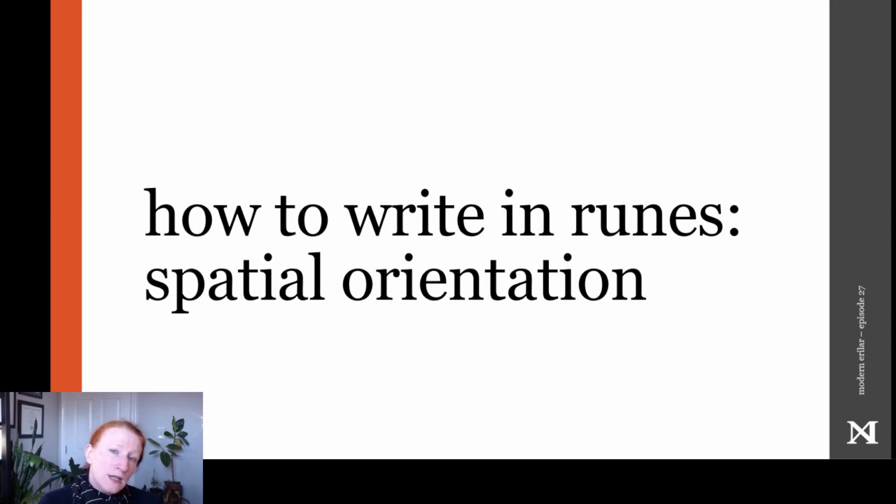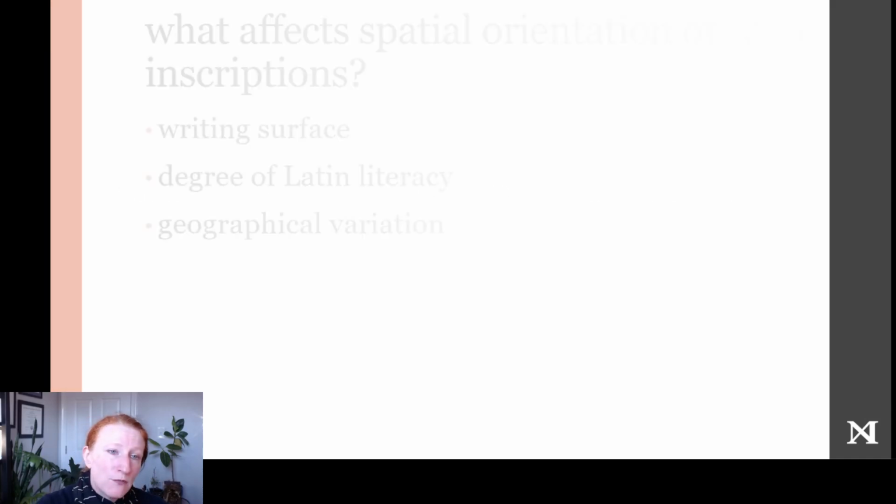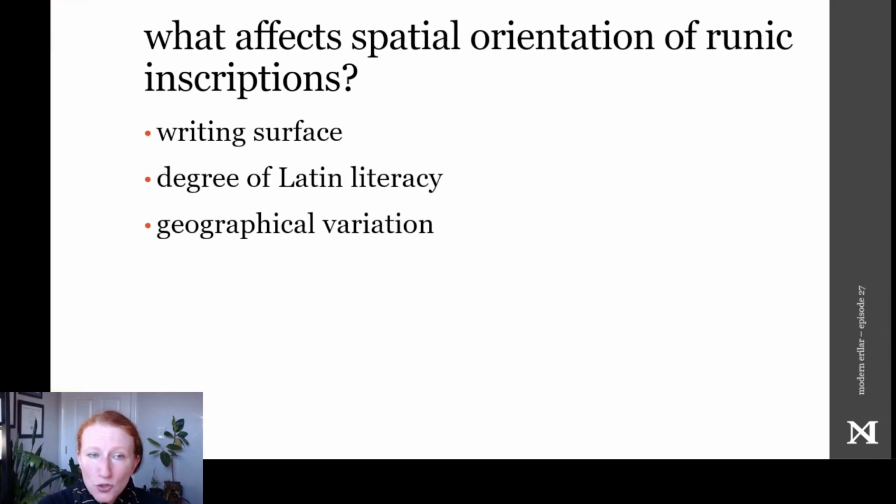While we usually read modern English from left to right and from top to bottom, this is not necessarily how runes have been written. The shape and the composition of the writing surface had a much stronger influence on the placement and direction of application of the runic text than the degree of literacy of the writer, but inscriptions show a variety of more or less influence from Latin literacy, depending upon the location and the date of the inscription.